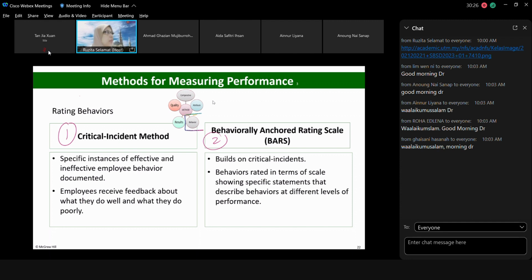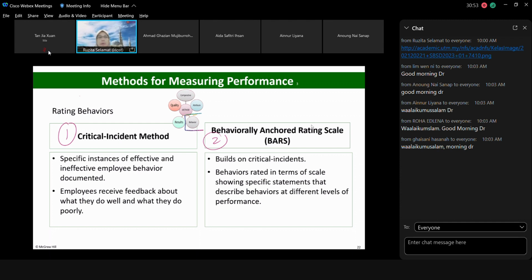But this morning we had very mild rain, but now it has stopped, so the weather is a bit cloudy in my place. All right, so whatever the weather at your place, hopefully you can still focus on the lecture, and respond whenever possible.